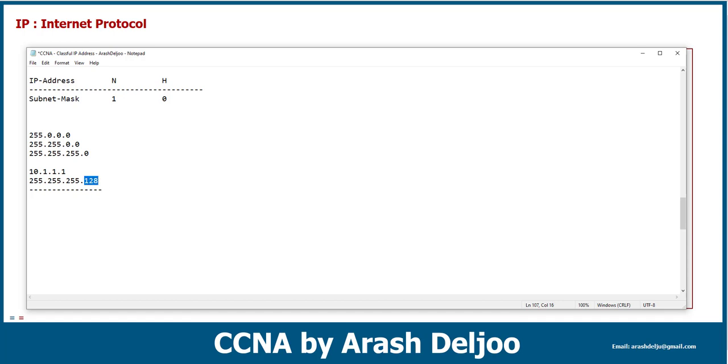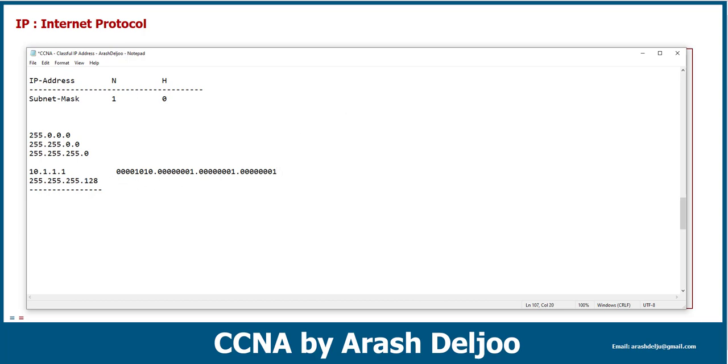Let me write these two values in binary format. 10.1.1.1 equals 00001010, then 00000001, again 00000001, again 00000001. This is 10.1.1.1 in binary.